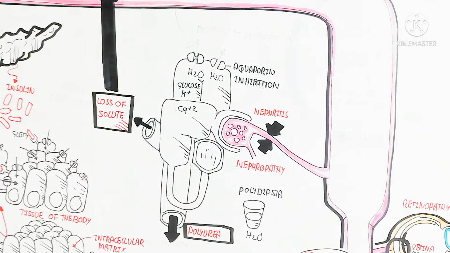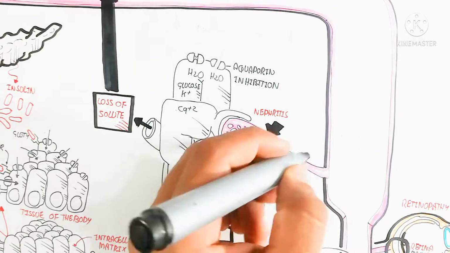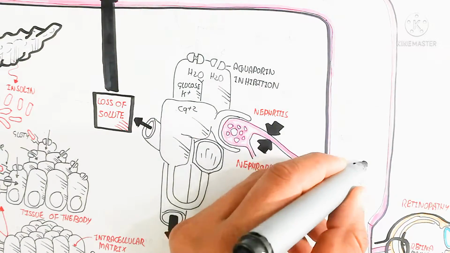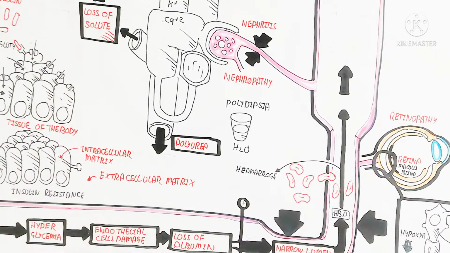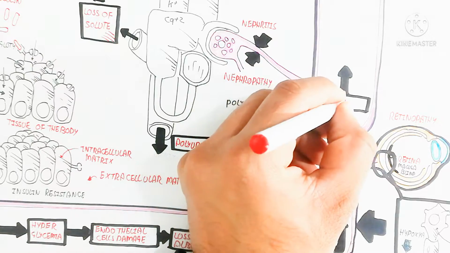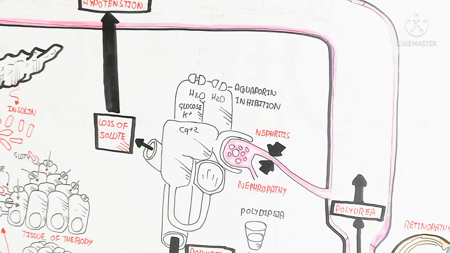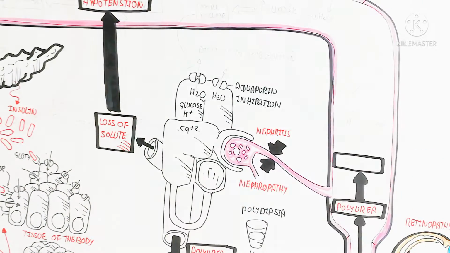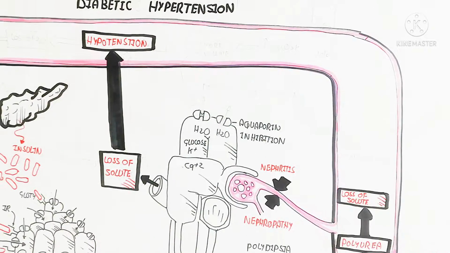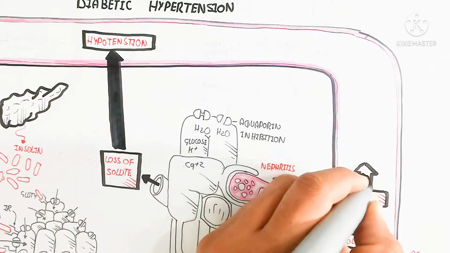And in this way, aquaporin channel 2 will be inhibited for the reabsorption of water from the nephron through the efferent arteriole. So in this way you can understand the polyuria formation as well. The polyuria, the loss of solute, will trigger hypokalemia and hypocalcemia.